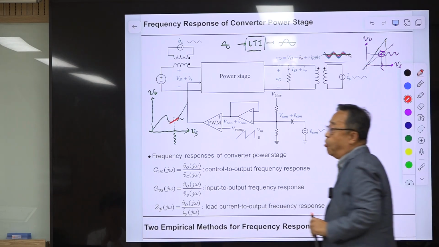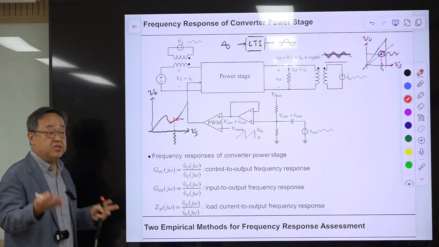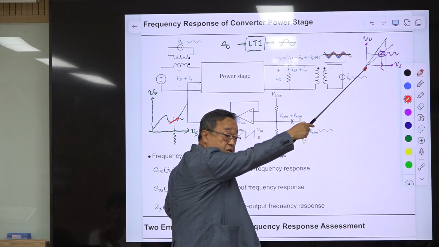Okay, so for the PWM converter, we extend this idea. So frequency response of the PWM converter requires the averaging and local linearization process. But if you stay in the close vicinity of the operating point, you will get something very similar to the transfer function of this linear time invariant system.